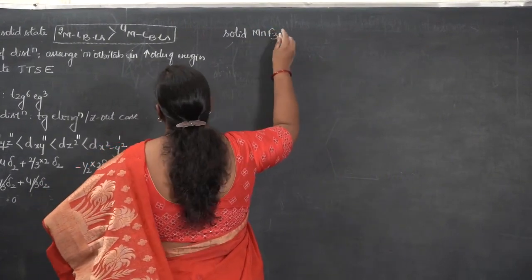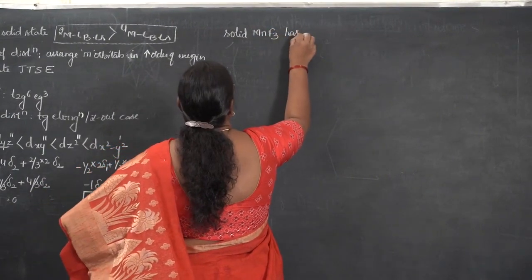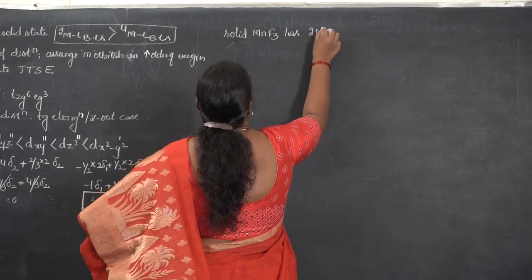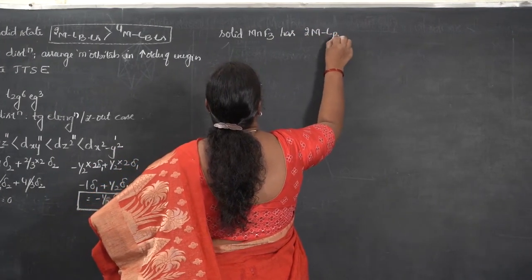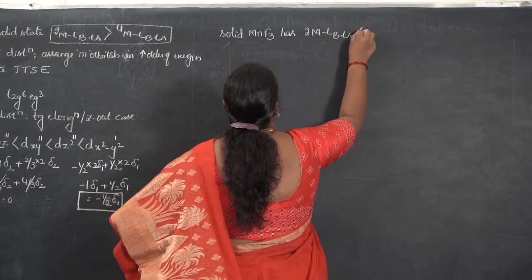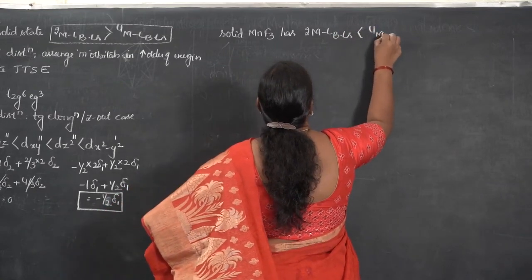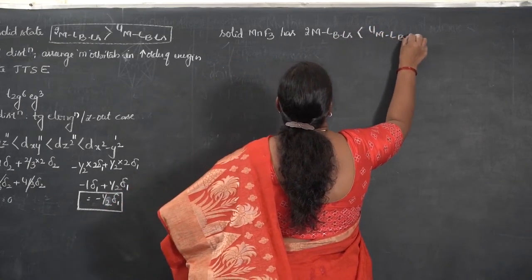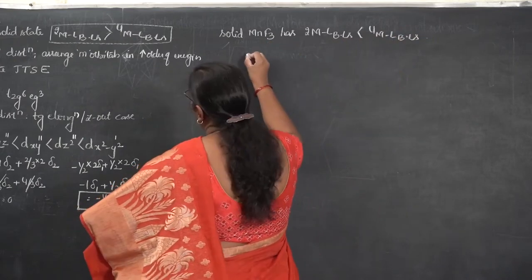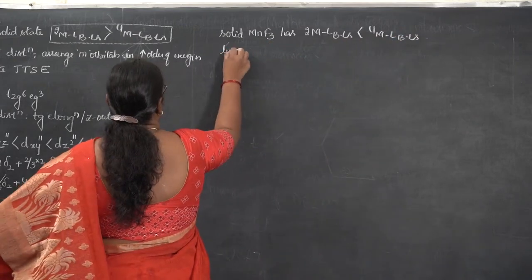And the other question, that is solid MnF3. Solid MnF3 has 2 metal ligand bond lengths shorter than 4 metal ligand bond lengths. So now what is the type of distortion?